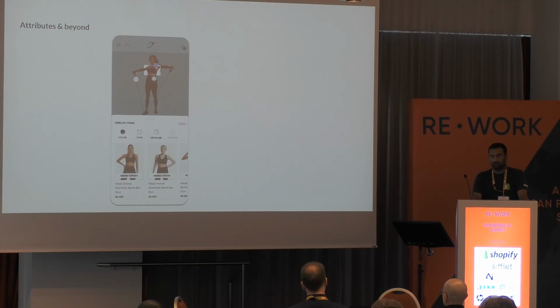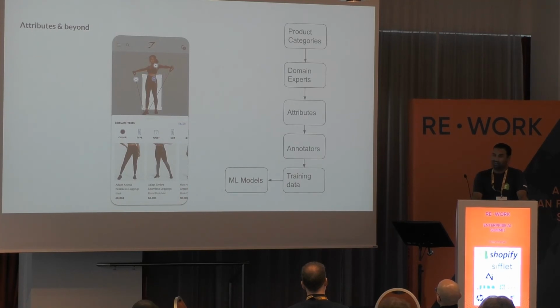Further, we also realized that data scientists or ML engineers aren't best equipped to come up with these attributes. We needed somebody else who could tell us what these attributes should be and what those attribute relationships to product categories should be. And this is where domain experts came in. So we essentially start by taking a product category.